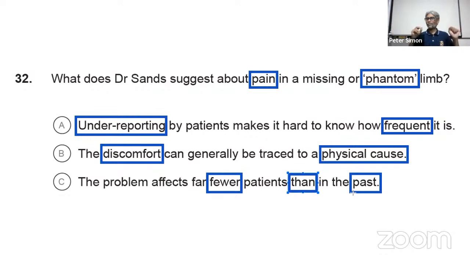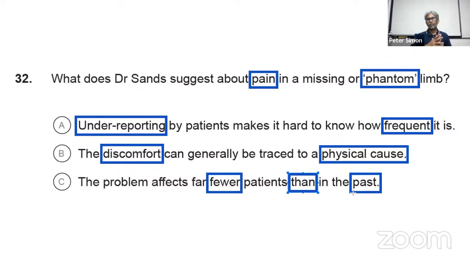So try to understand this comparison very clearly. Pain in the past and pain in the present. C. Pain is because of a cause. B. Pain is not reported properly. A. Try to understand this. Pain is not reported.